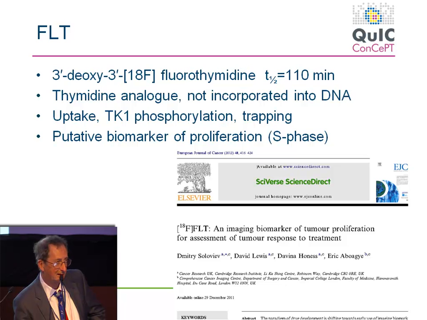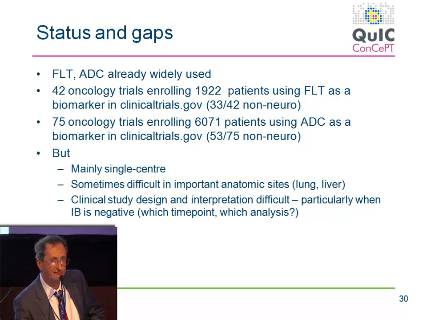So, boring list. These biomarkers are already very widely used. In fact, I went on the clinicaltrials.gov and I found 2,000 patients in FLT trials and 6,000 patients in ADC trials. So why are we wasting our time on all this old stuff? And the reason is most of these studies are single centre. They tend to avoid the difficult locations, the lung and the liver.